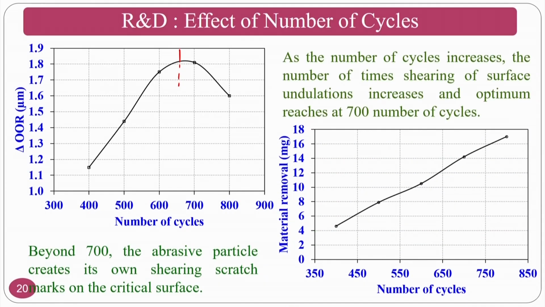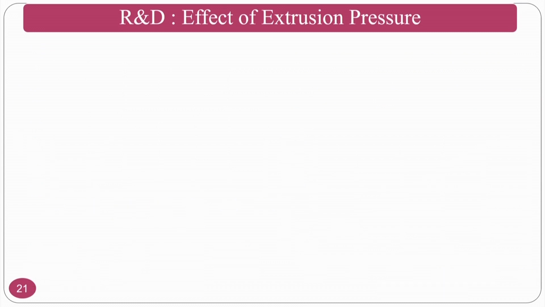But cumulatively you can see that the material removal rate never comes down, because if you are increasing the number of cycles, obviously the material removal rate may go down, but the cumulative value of material removal will go on increasing.